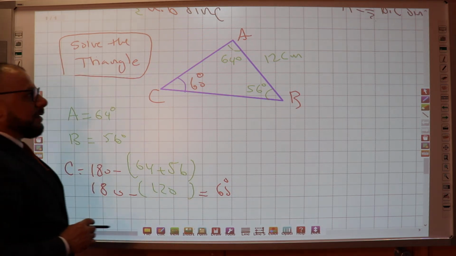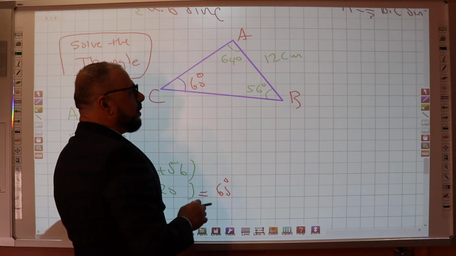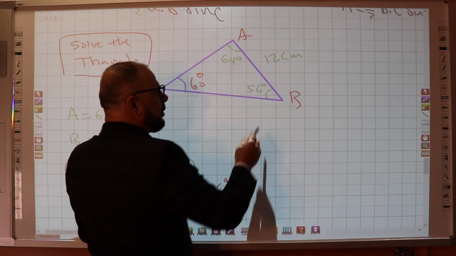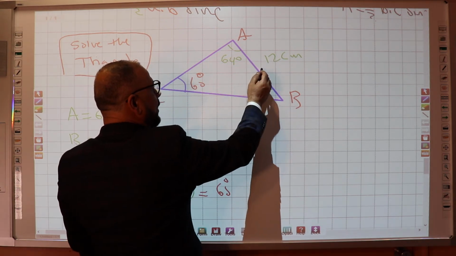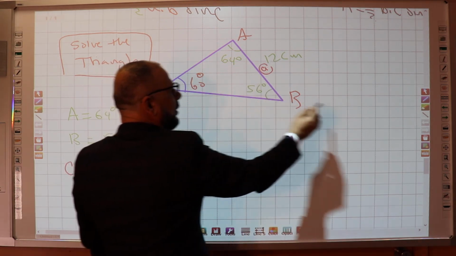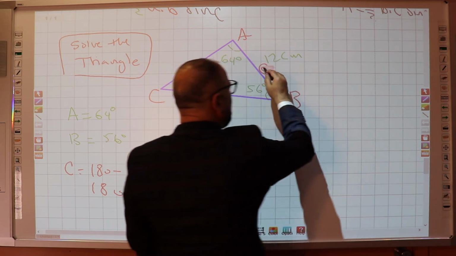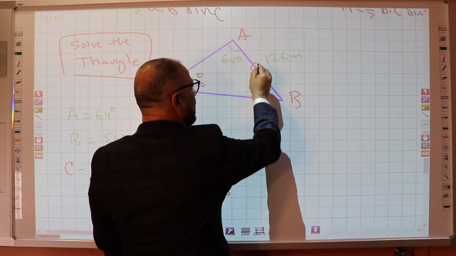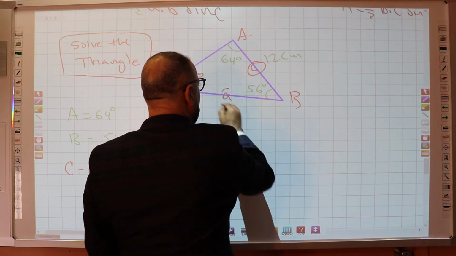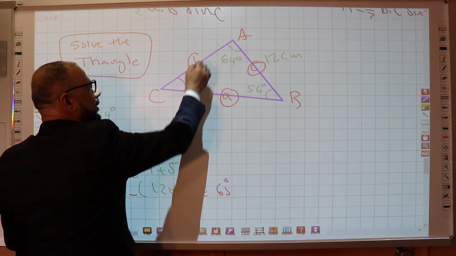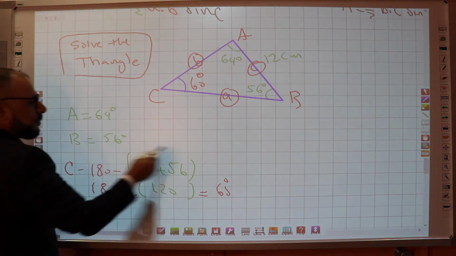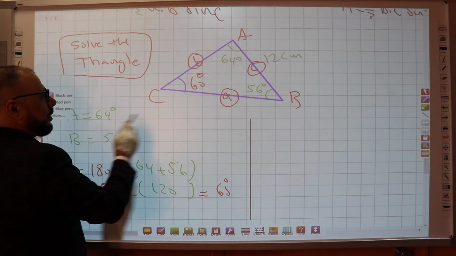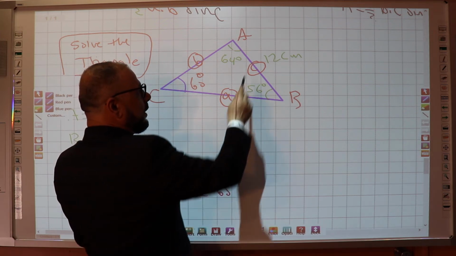Now I need the sides. I'm going to use the law of sines. This is C, this is A, and this is B. The law of sines is good as long as you look here.